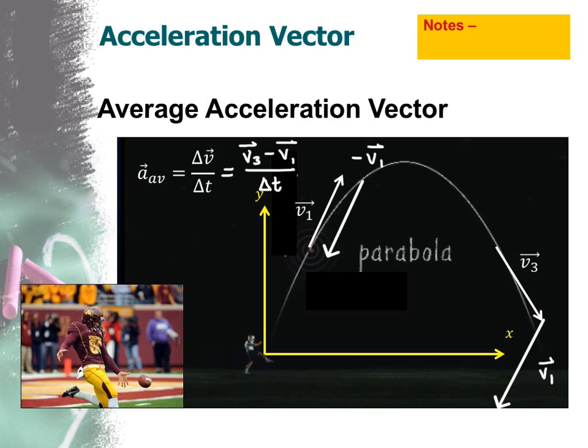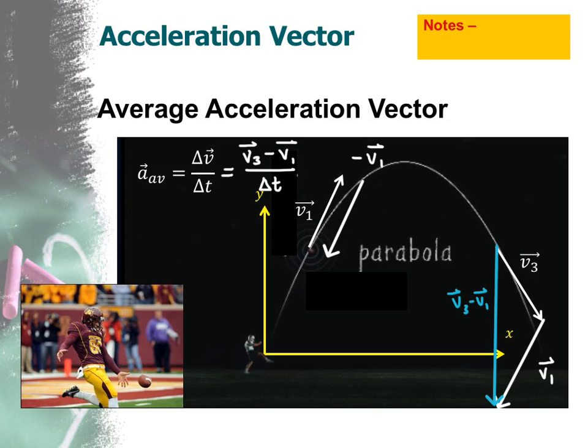And the result is from where I start to where I stop. So it is going to be a vector that is pointing straight down. So that is V1 minus V3. Oops, that's V3 minus V1. Sorry about that. I goofed it up. Let's fix that. V3 minus V1. That's the vector V3 minus V1.